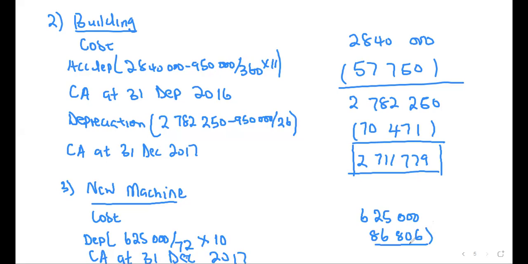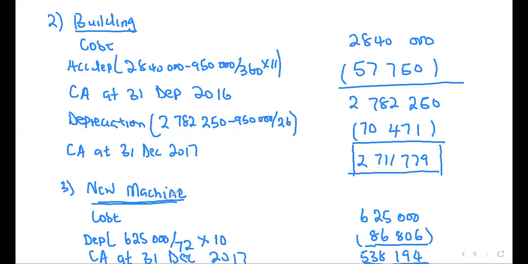We just subtract, because this one is for 1 year, we just subtract the 2. How much is going to be the carrying amount? It's 538,194. So we now have our carrying amount of the new machine.